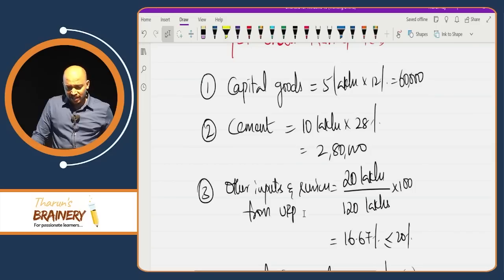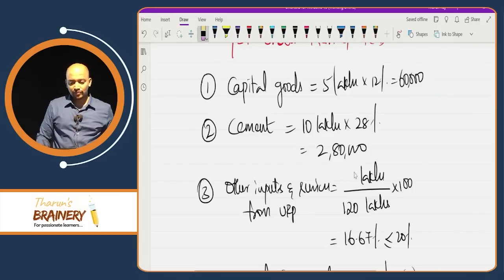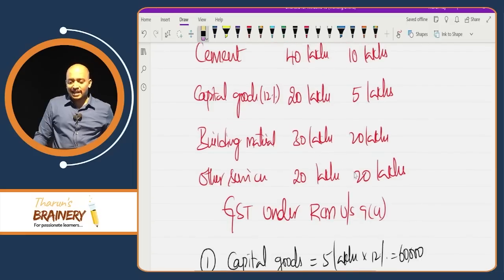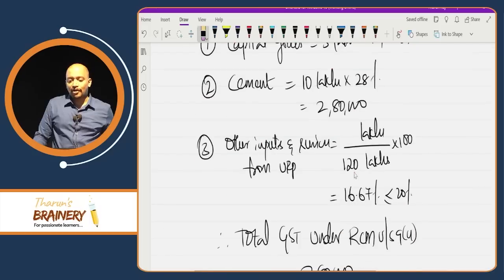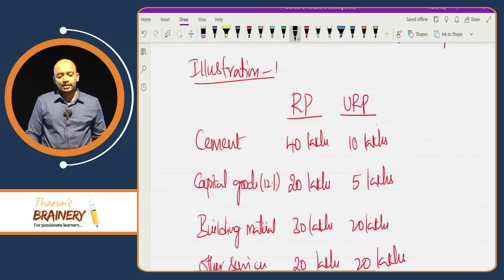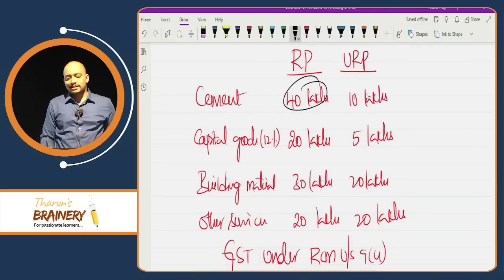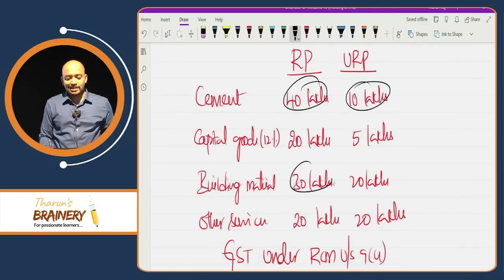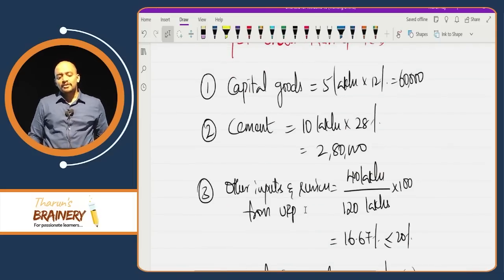Now other inputs and input services from an unregistered person, how much? So 20 plus 20, 40 lakhs. 40 lakhs divided by the total. What is the total? 40 plus 10 plus 30 plus 20 plus 20 plus 20, 140 lakhs.